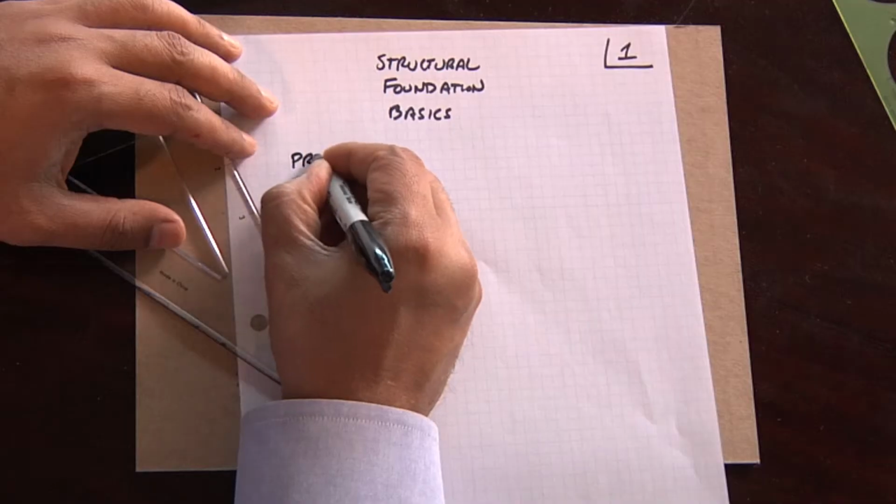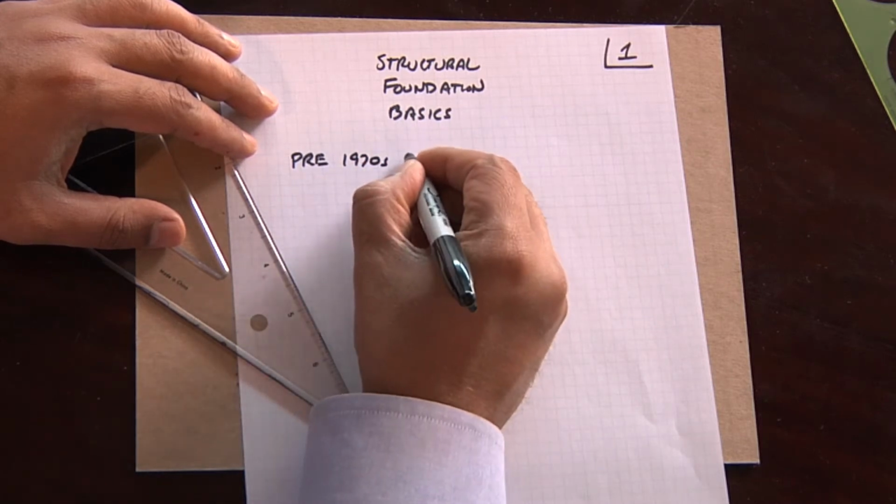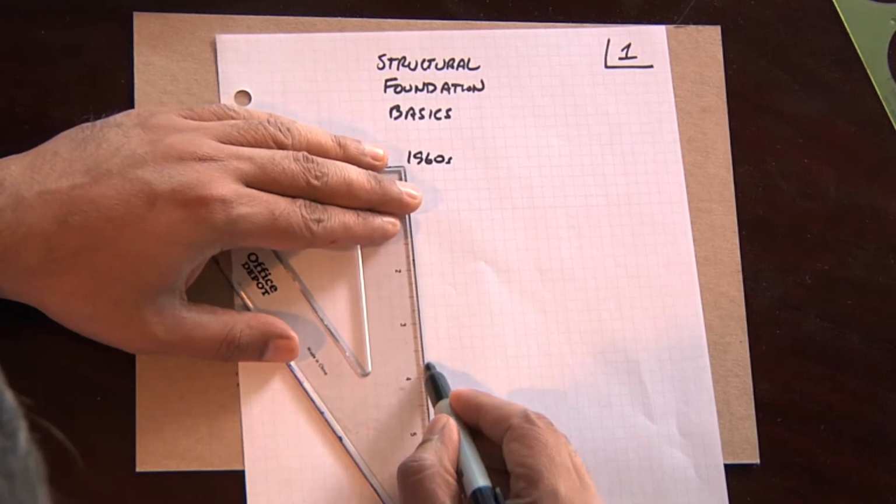And let's understand, there are two types of foundations that are used for building design in the residential and multifamily context. Pre-1970s, in the 1960s, the majority of our buildings were constructed as follows.